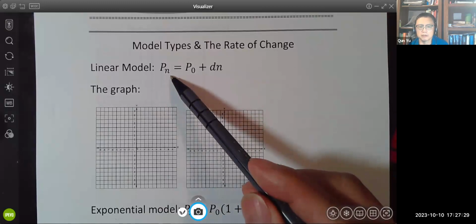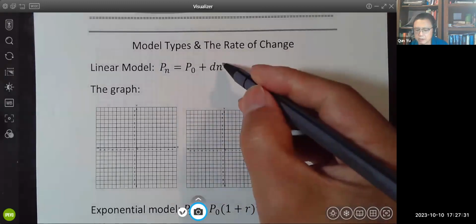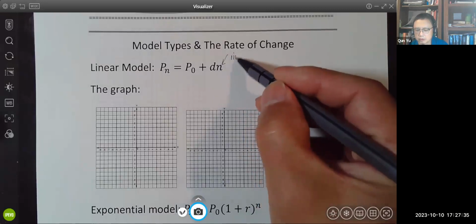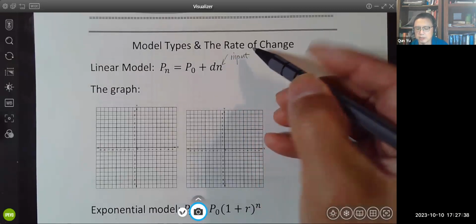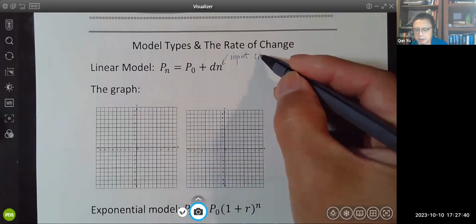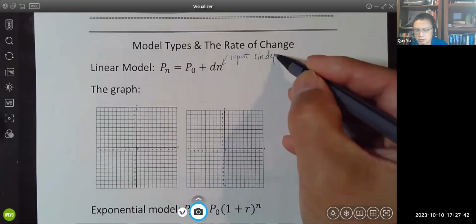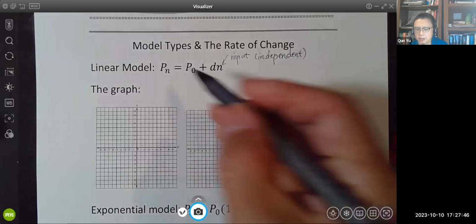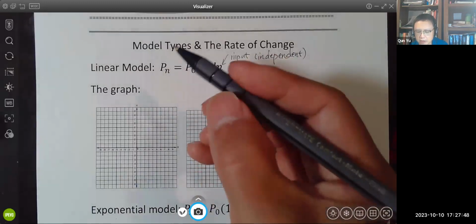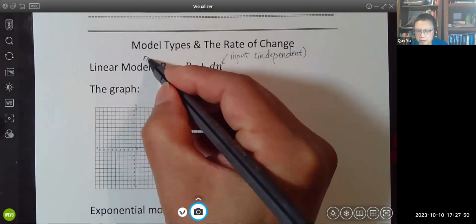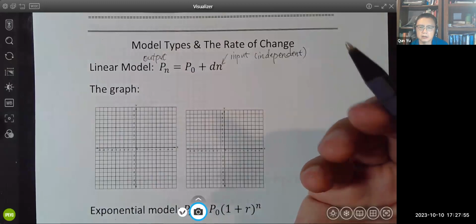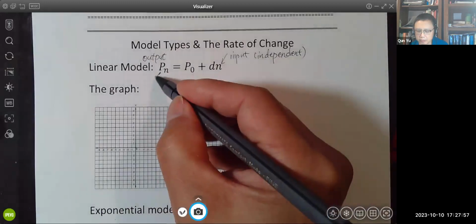This is the general format of the linear model. n represents the input variable. The input variable is also called the independent variable. And Pn is the future value, called the output variable, and it is also called the dependent variable.